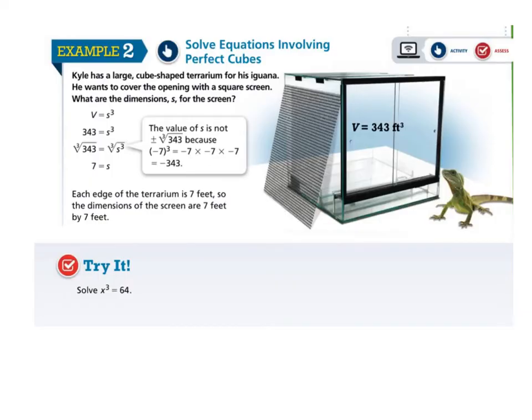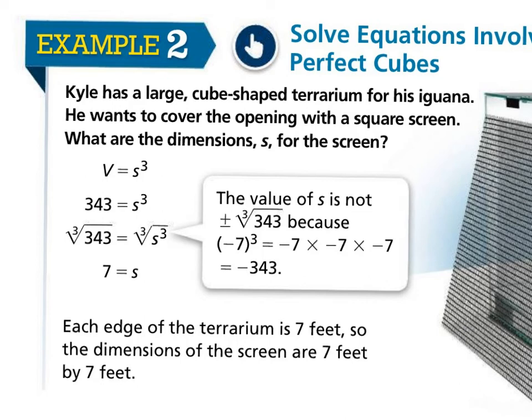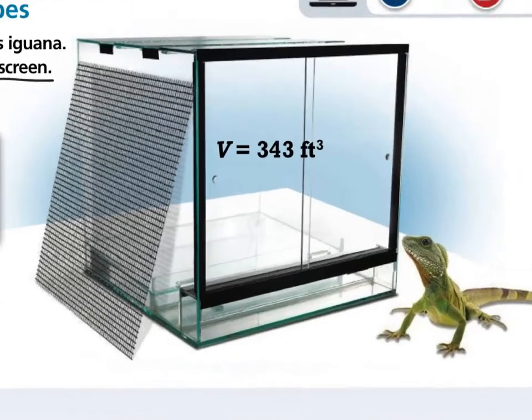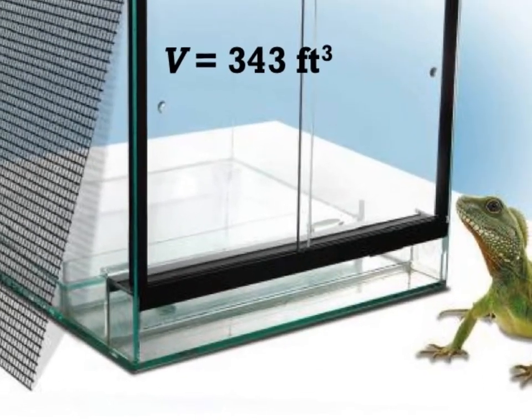Example 2, Kyle has a large cube-shaped terrarium for his iguana. He wants to cover the opening with a square screen. What are the dimensions needed for the screen? So for this problem, to start with, they're telling us the volume of the terrarium.